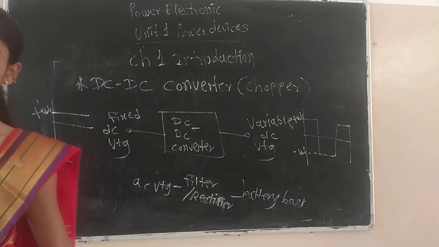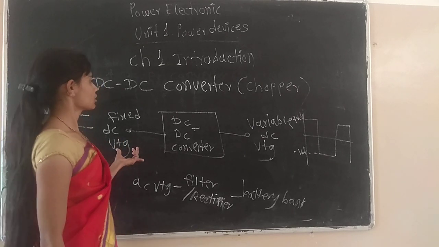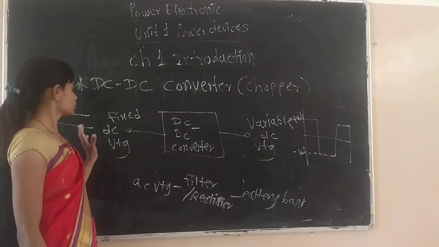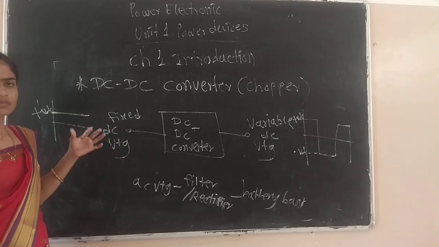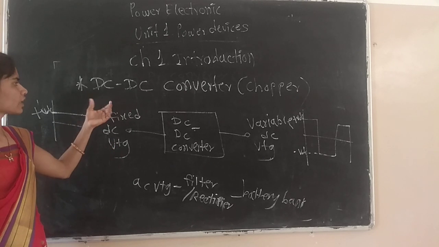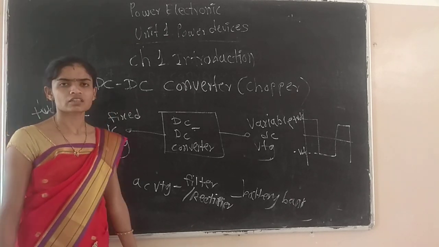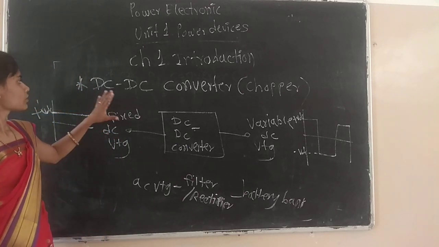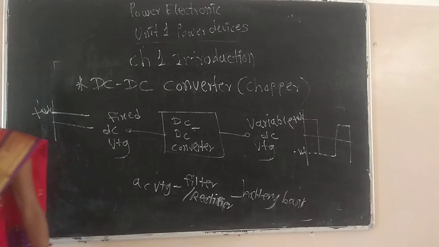In this variable DC voltage, the frequency and amplitude are variable. And in tomorrow's lecture we see the waveform and circuit diagram for this DC to DC converter, and another type is the AC to AC converter.